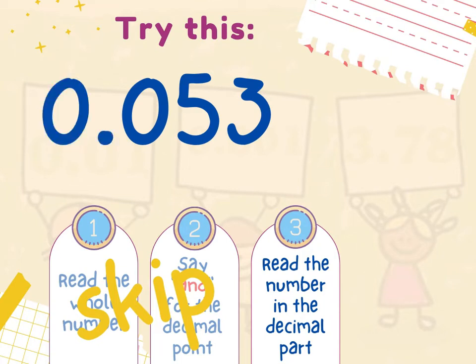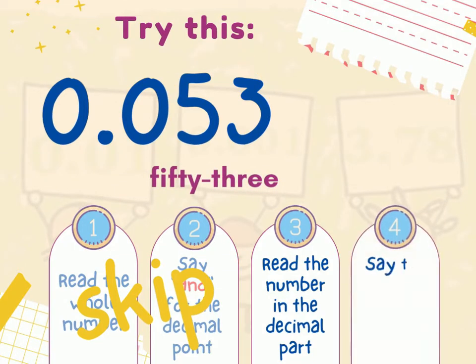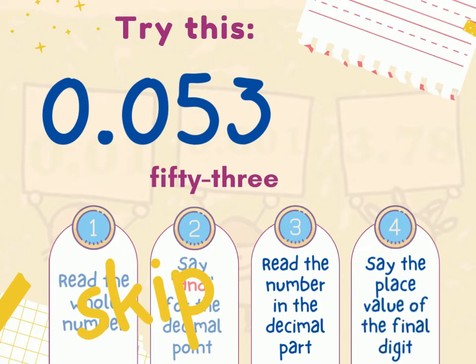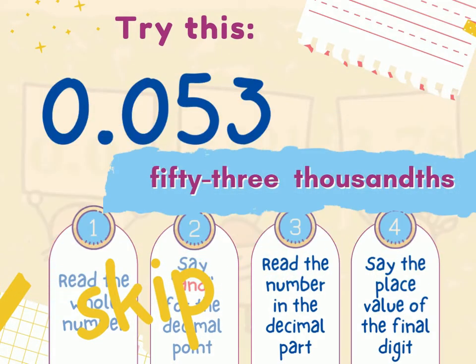So, in the decimal part, we have 53, followed by the place value of the last digit. The last digit in this numeral is 3, and its place value is thousandths. So again, when 0.053 is read correctly, it is 53 thousandths.